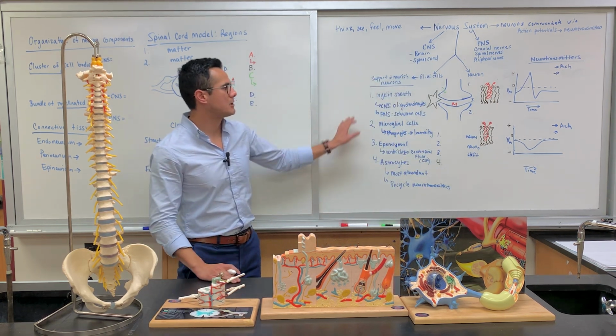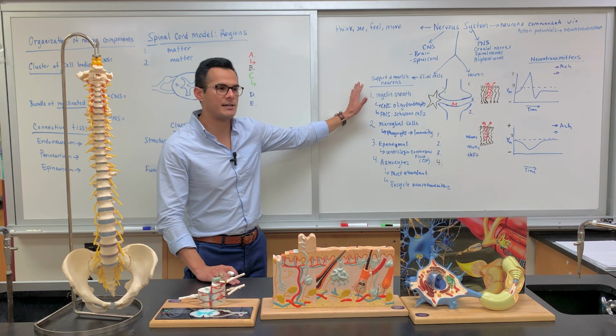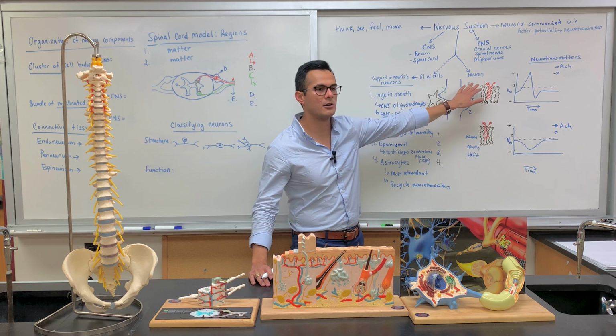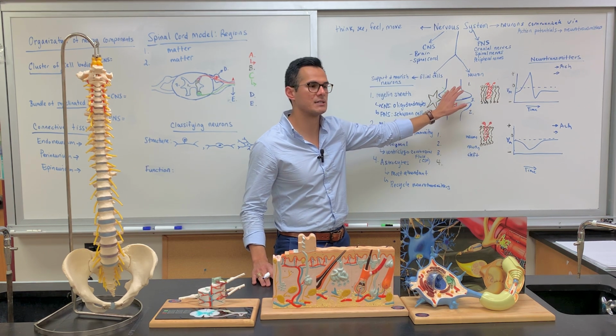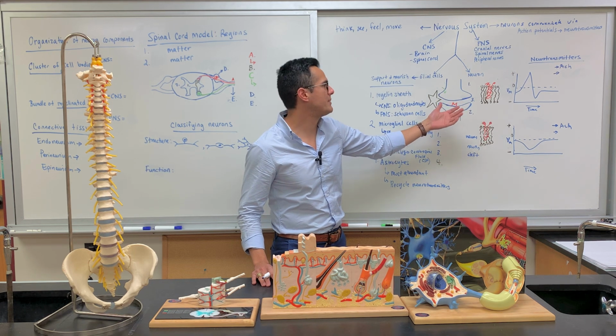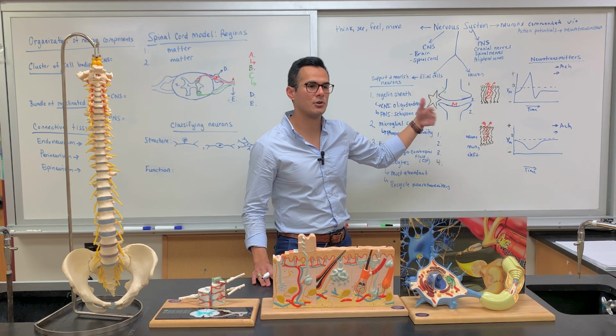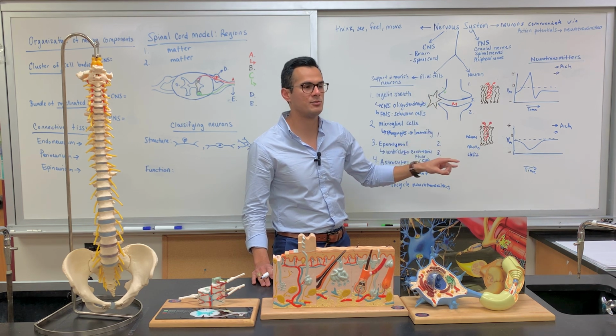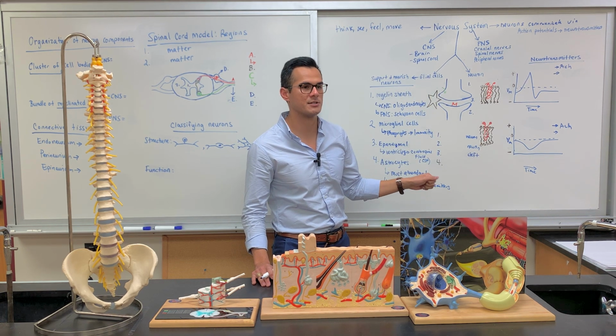Okay, so now we have a good understanding of the glial cells and how they support our neurons. The next thing we need to discuss is how neurons communicate with each other. I've already mentioned that neurons use neurotransmitters to communicate with each other, but there are two main types of neurotransmitters that are used for this.